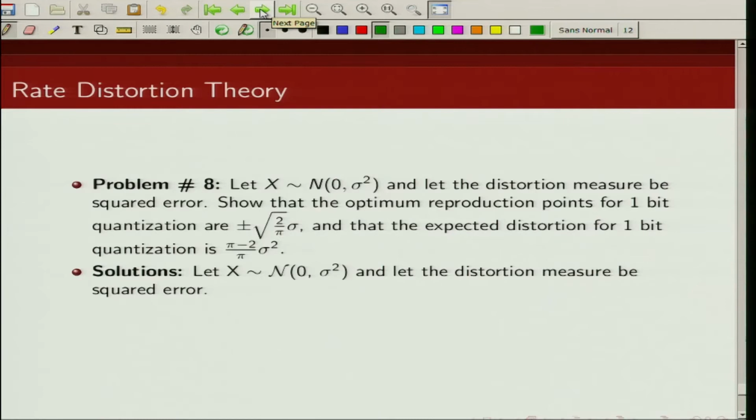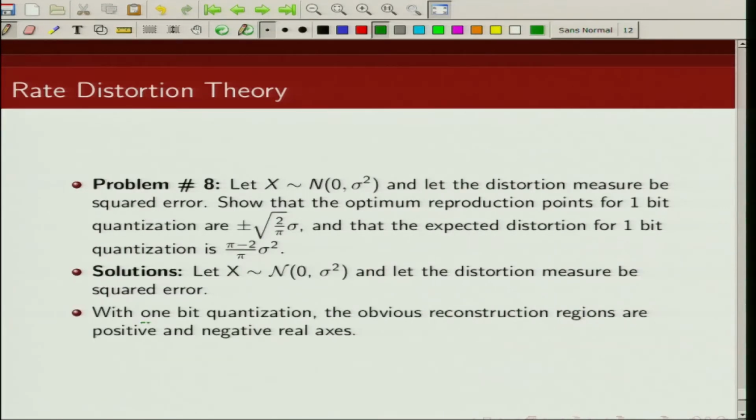This is a Gaussian distributed random variable, right? It's a 0 mean Gaussian distributed random variable, so symmetric around 0. Now with a 1-bit quantizer, it is obvious that the reconstruction regions are, one is the negative real axis and the other is the positive real axis.